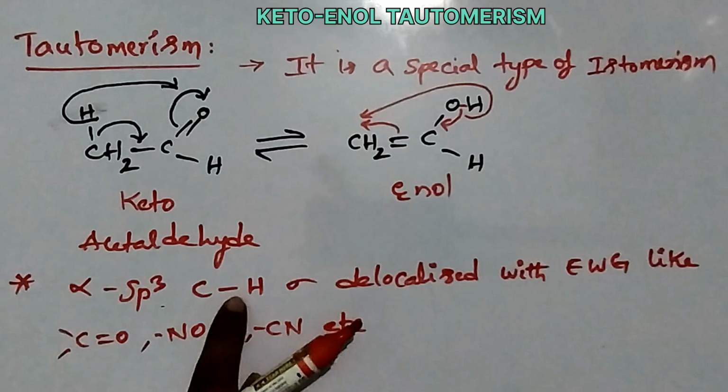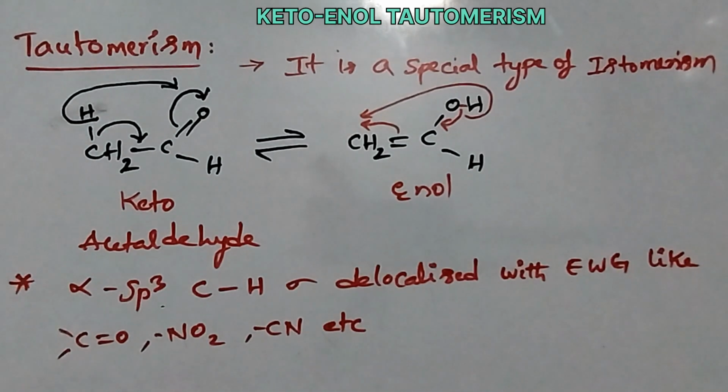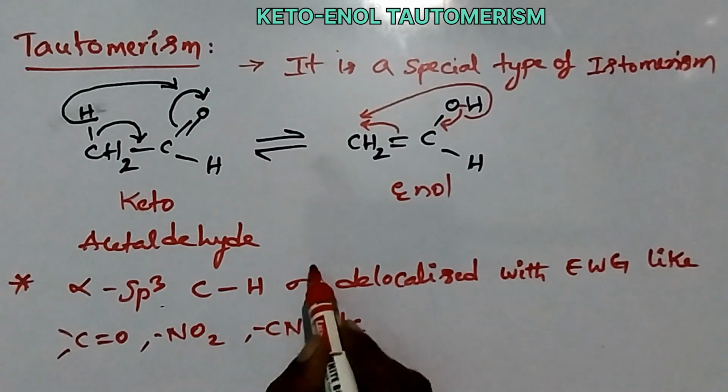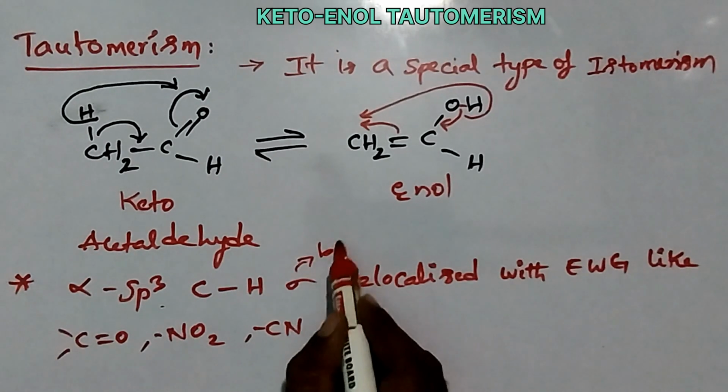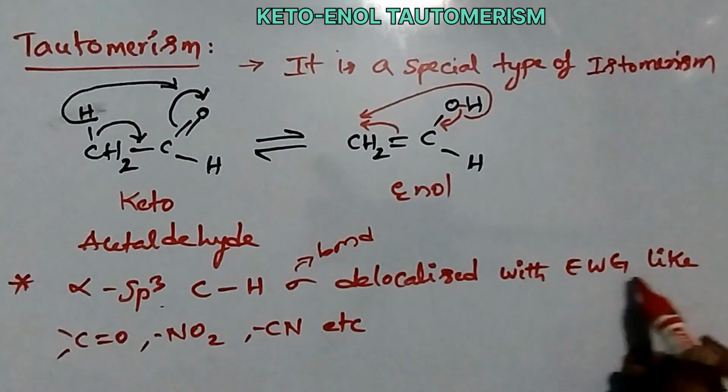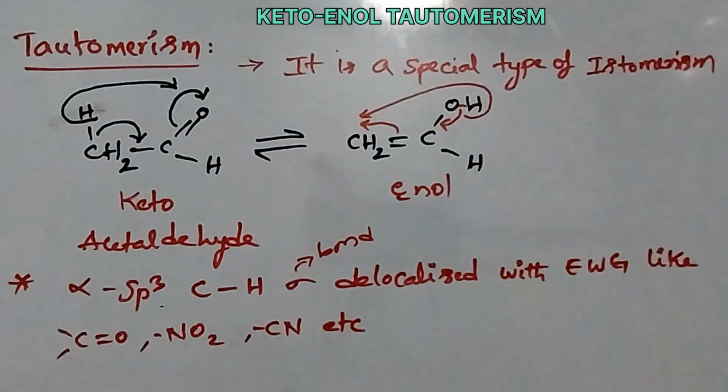An sp3 carbon which has alpha hydrogens, the alpha sp3 C-H sigma bond delocalized with the electron withdrawing groups like C double bond O, NO2, CN, etc. Okay, this is the main condition.